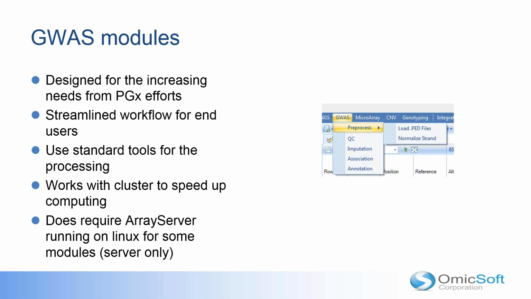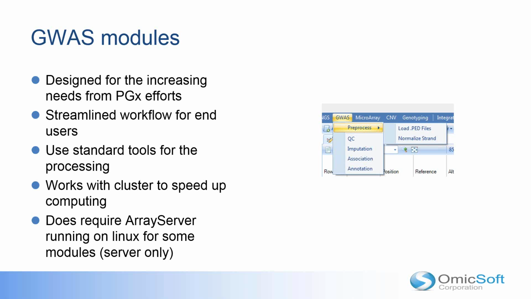The second feature, or list of features I want to mention, is the GWAS modules. Those GWAS modules were designed for the increasing needs from PGx efforts. It's different from the sequencing-based approach in that for these GWAS studies, a lot of the time, exome arrays or those Illumina and Affymetrix arrays are involved.